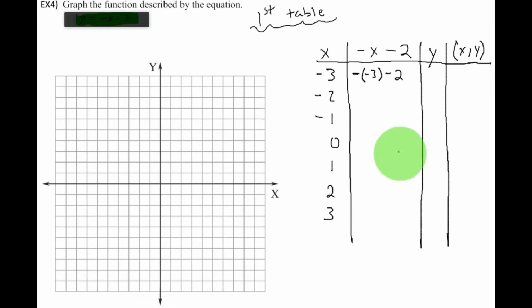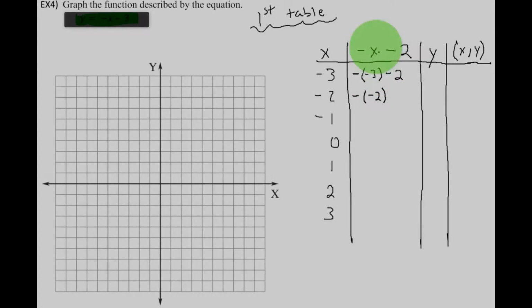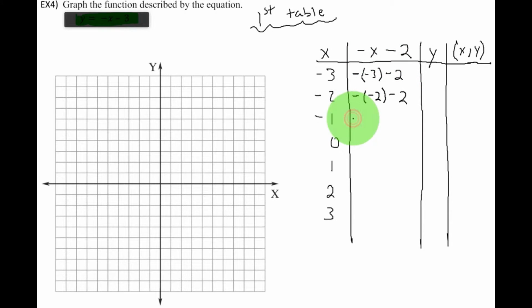And right now I'm just going to fill out the entire column before we move forward. So now I have my negative sign, negative 2 in the parentheses, substituting that x, minus 2.